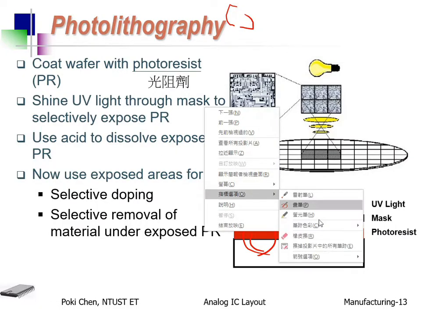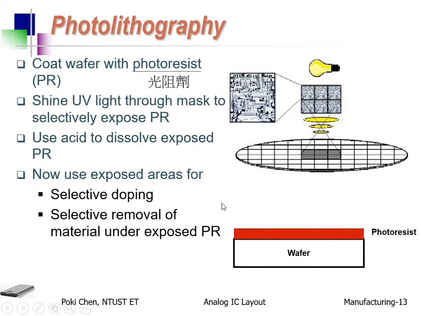So you can see after exposure, the chemical property here will be changed, right? Then you can wash it out also. That is for positive one, right? For negative photoresist, you wash out the unexposed one first.